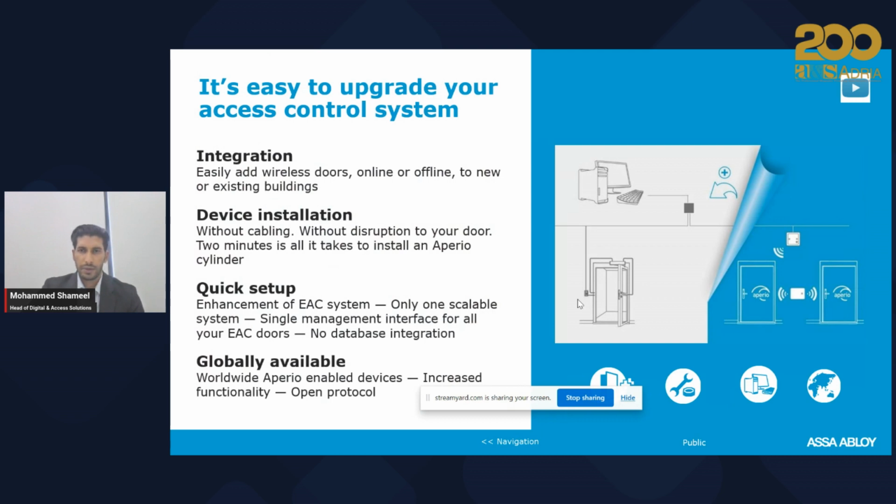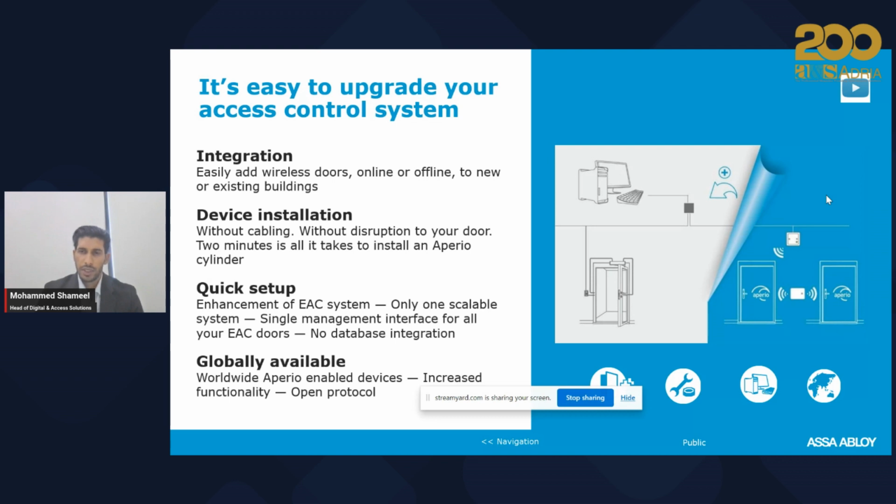Probably on the right hand side, you could see a picture. On the left side of the picture, it shows the traditional access control, which comes with the card reader, electrified lock, push button, and request to exit signal button, all connected and wired back to a door controller, which is talking to the software. Whereas on the right hand side of the picture, you could see the advantage of being wireless.